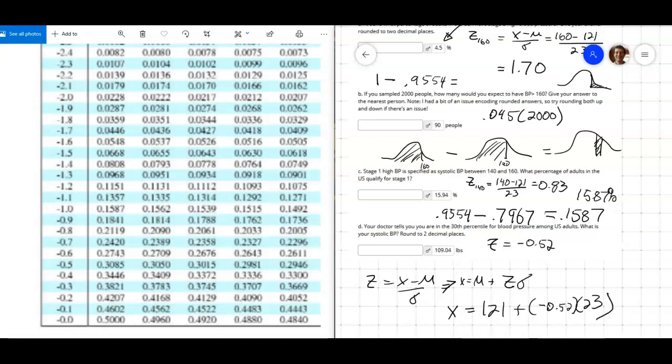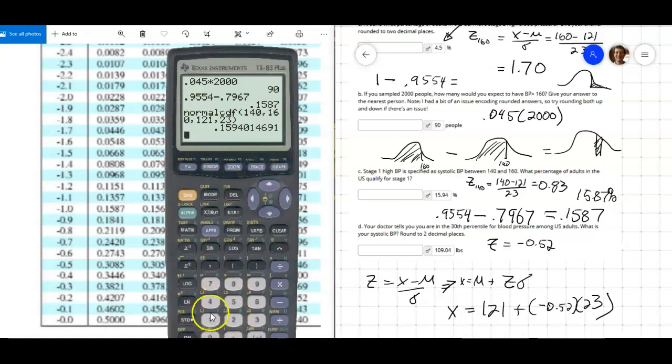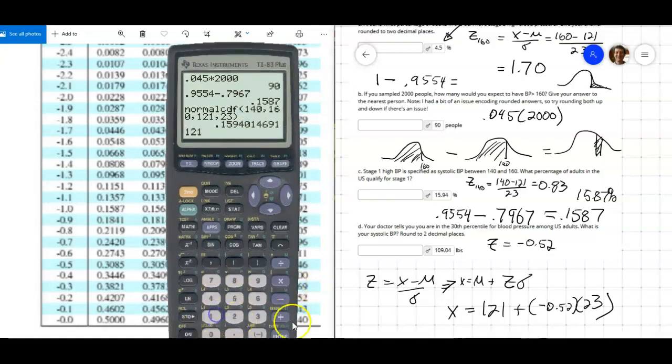And our calculator says 121 plus 23 times negative 0.52 is 109.04, the exact value that's in their answer. There's an inverse norm function, so there's a way for the calculator to do the exact answer as well. But we got the exact answer, so that's great. Hope this helps.